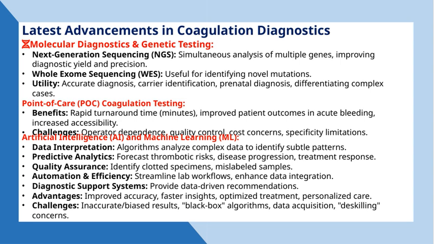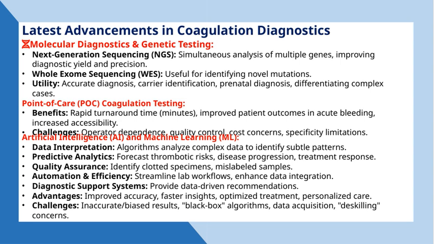This means we can identify underlying genetic causes more effectively. Then there's whole exome sequencing, or WES, which is particularly useful for discovering new, previously unknown mutations that might be responsible for coagulation disorders. These tools are invaluable for making accurate diagnoses, identifying carriers, prenatal testing, and differentiating complex cases where traditional methods might fall short.